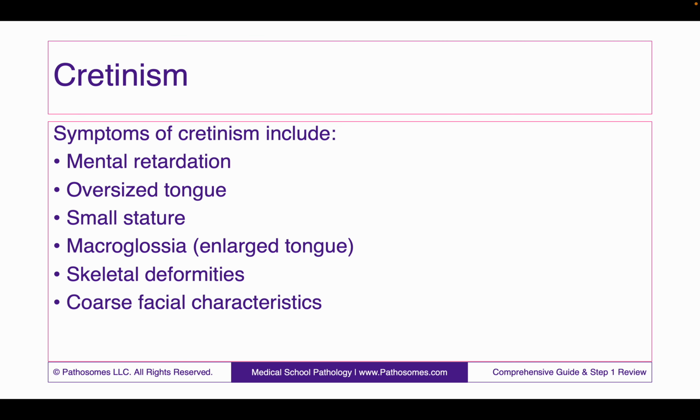What are some symptoms of cretinism? Well, mental retardation, oversized tongue, small stature, macroglossia, which is just another way of saying enlarged tongue, skeletal deformities, and coarse facial characteristics.